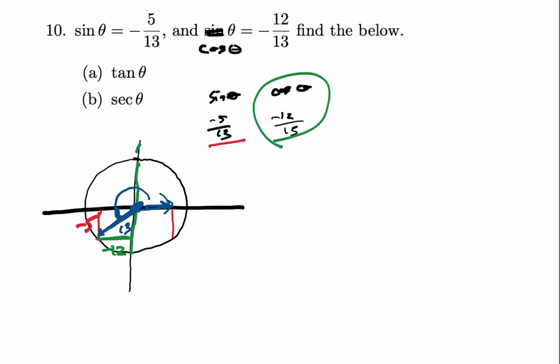So let's look at the problem tangent. What does tangent tell us? Tangent theta inputs an angle and the output is slope. So what is the slope of this line right here? How can we find that? Rise over run.